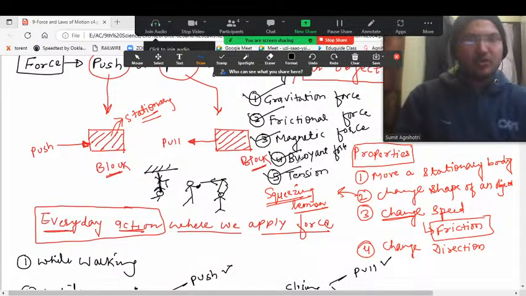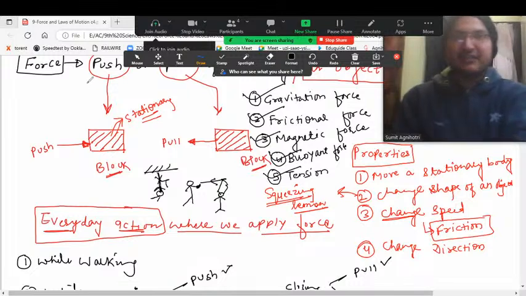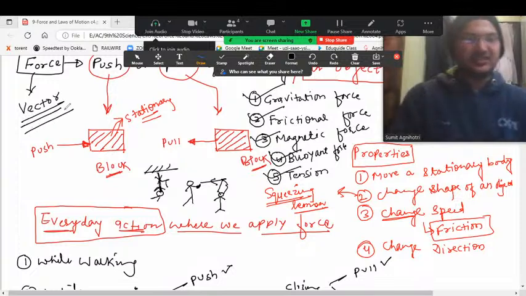Tension force, a force that you feel when you try to climb using a rope. All these are different forces that we come across. Understood it? And this force always has a specific direction. That is why this force is always a vector quantity, because it always has a fixed direction.